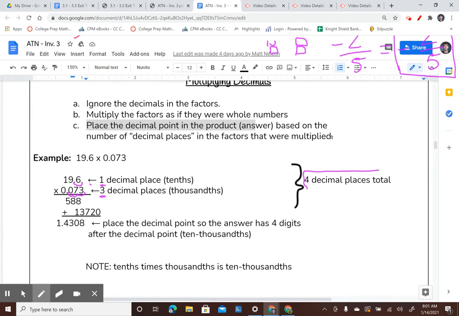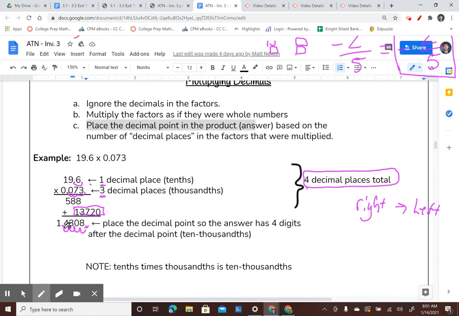It's a total of 4 decimal places total that we're going from right to left. And so we have to make sure that when we actually do the multiplication and we find our answer, we are going to take our decimal point and move it that number of places from right to left.